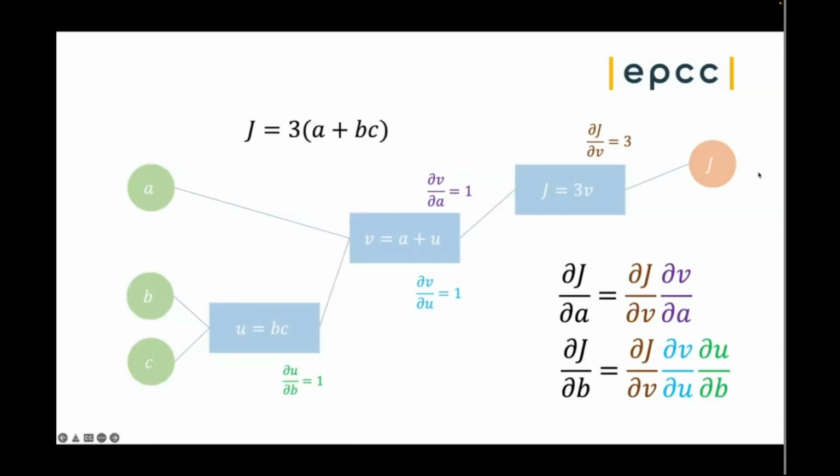So dj by dA is dj by dv multiplied by dv by dA, and so on. dj by dB is dj by dv multiplied by dv by du multiplied by du by dB. So in the back propagation stage, what we're doing is calculating the derivatives at each step.